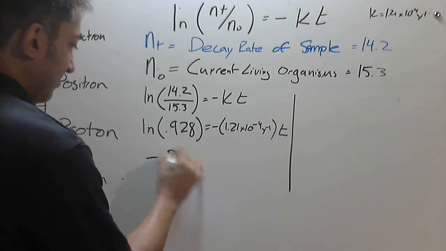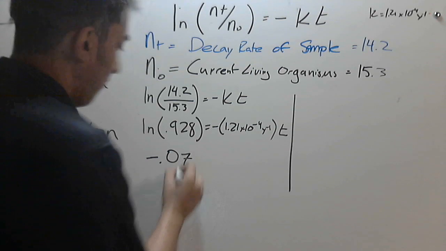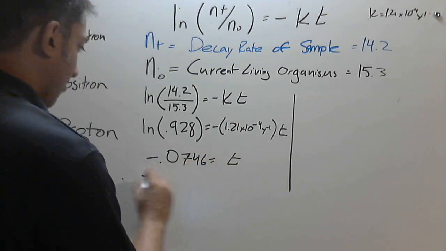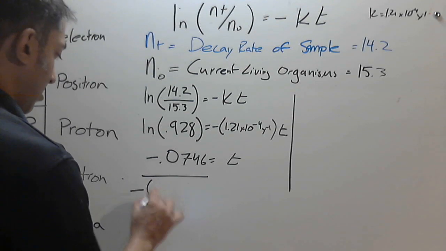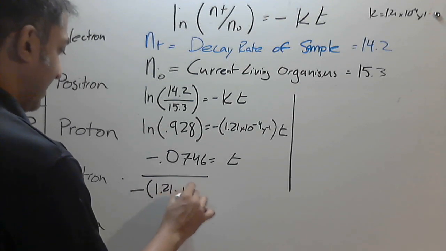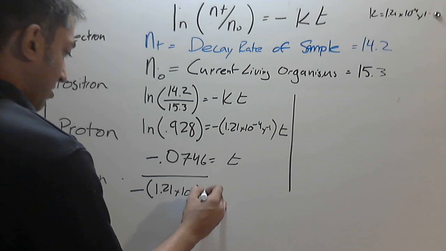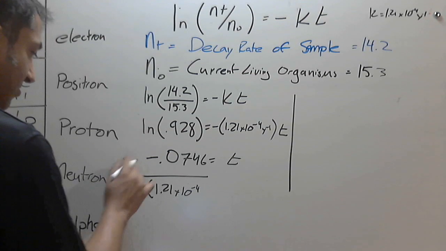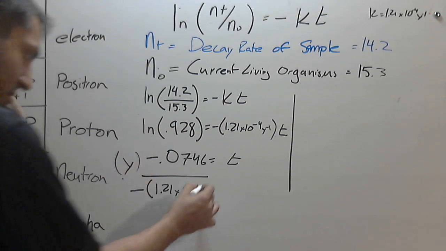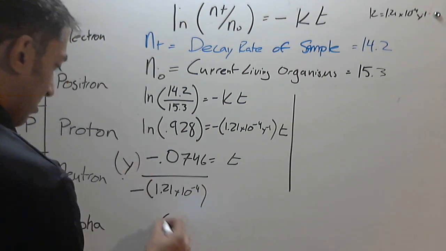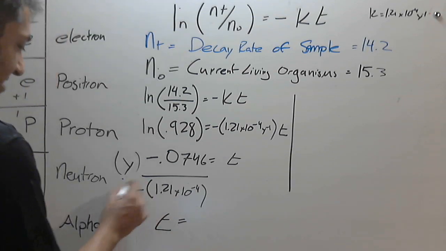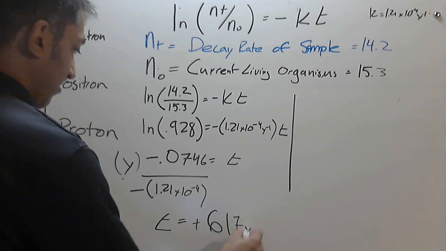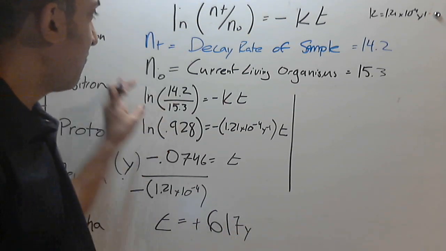So negative 0.0746 equals t over negative 1.21 times 10 to the negative 4. And then our years will be up here, because there's a negative 1 down here, we can put it up here. So that's why our time is going to be a positive number. This negative and that negative is going to be a positive: 617 years.